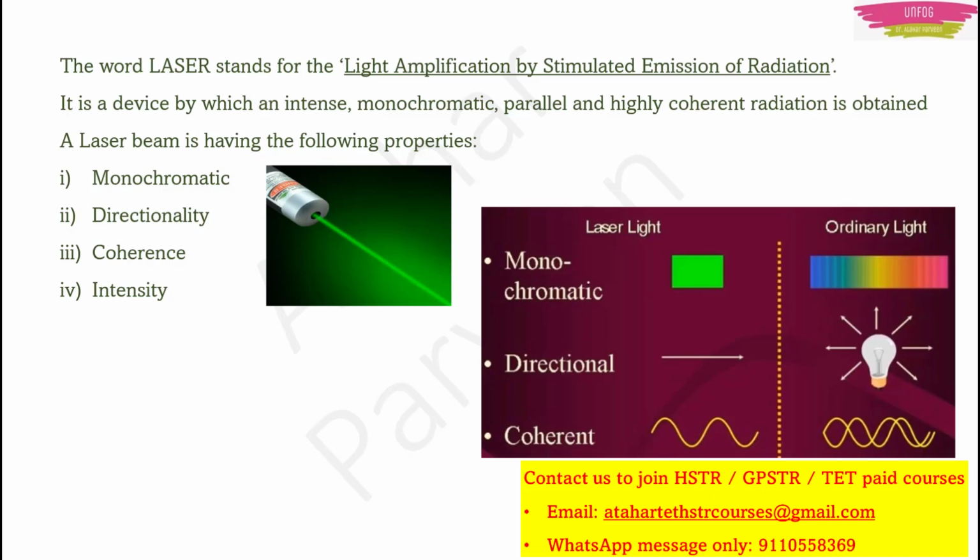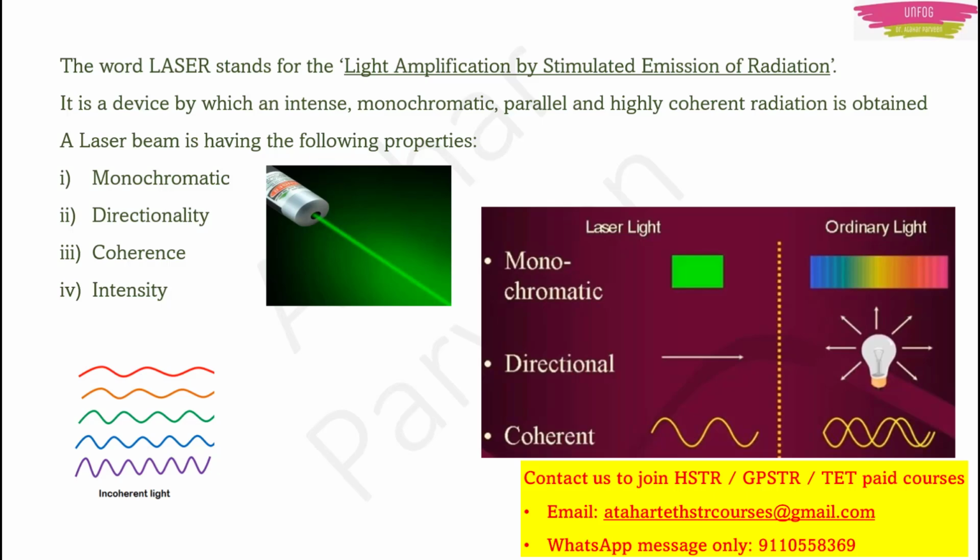The next important property of a laser beam is that it is highly directional. That means it will have one focused direction. It is not like ordinary light which can be scattered. This is also a very special property of laser. Then the third property is that it is highly coherent. Coherence means, see, these are waves which are incoherent. Incoherent means their phase is different, they have different wavelengths.